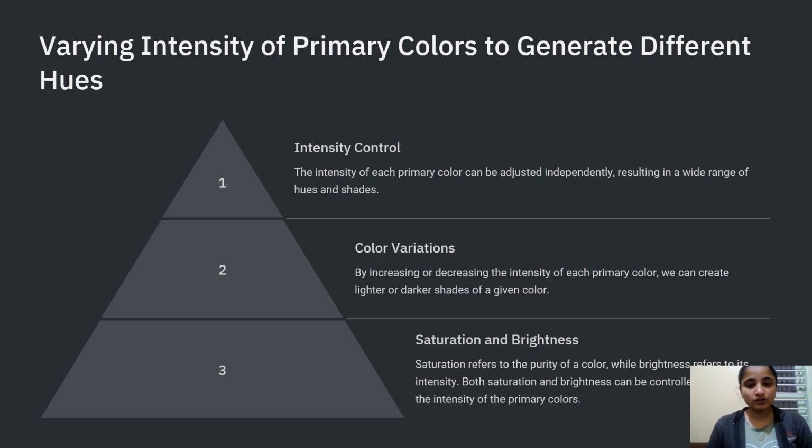By increasing or decreasing the intensity of each primary color, we can create lighter or darker shades of a given color. Saturation and brightness. Saturation refers to the purity of the color, while brightness refers to its intensity. Both saturation and brightness can be controlled by the intensity of the primary colors.